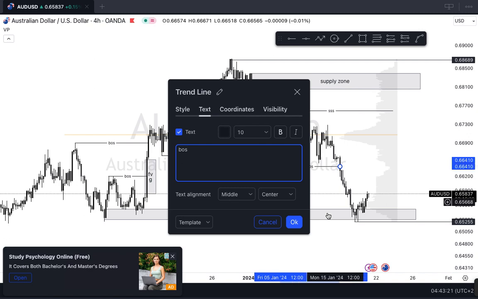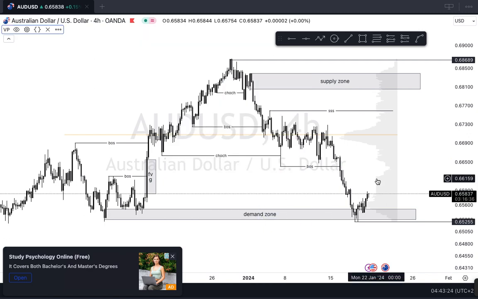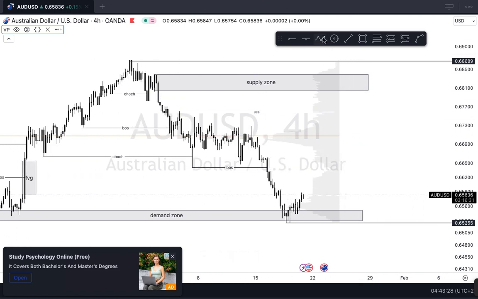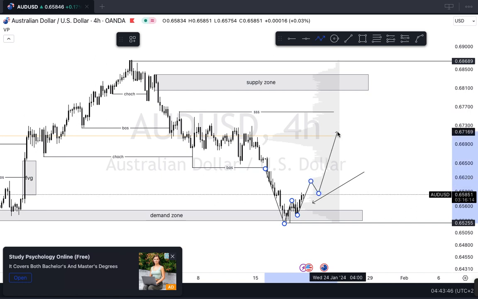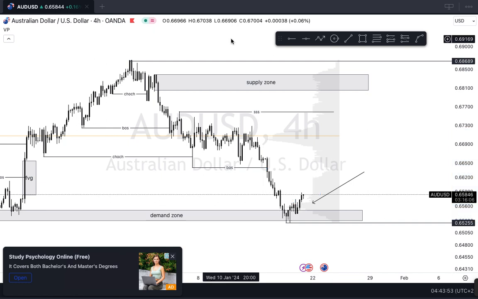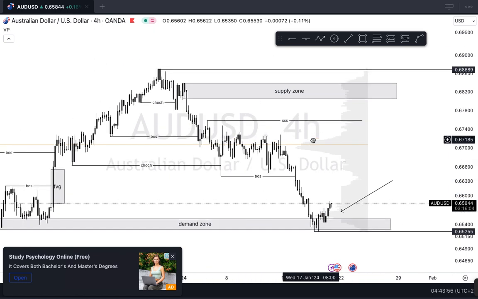The market respected our demand zone, and it also gave us a nice double bottom here on the H4 time frame, meaning we are still expecting the market to push to the upside, right?